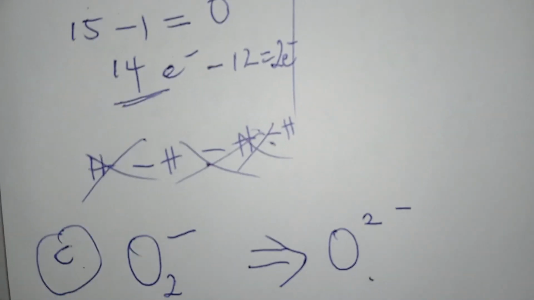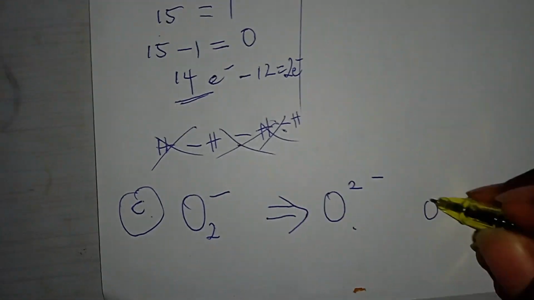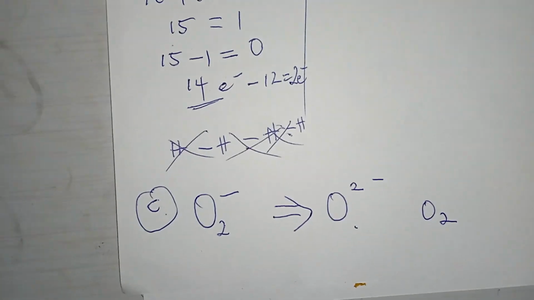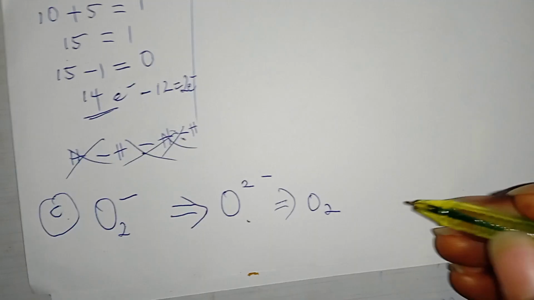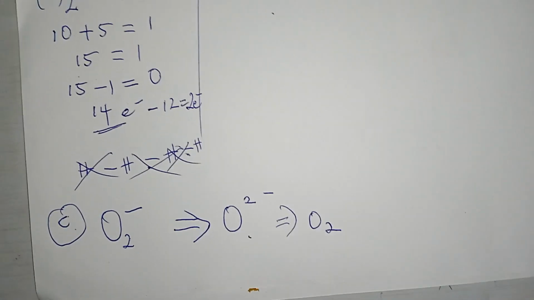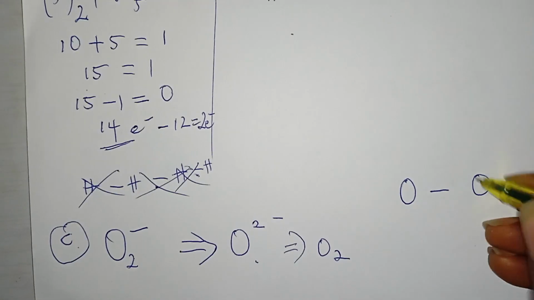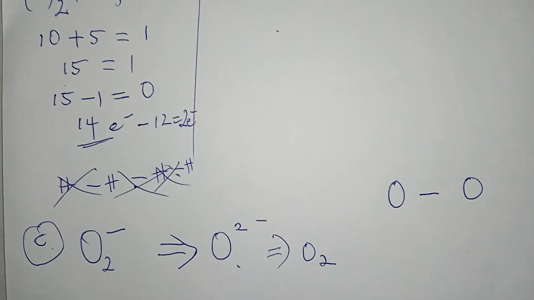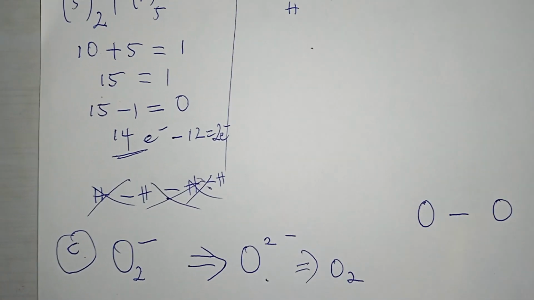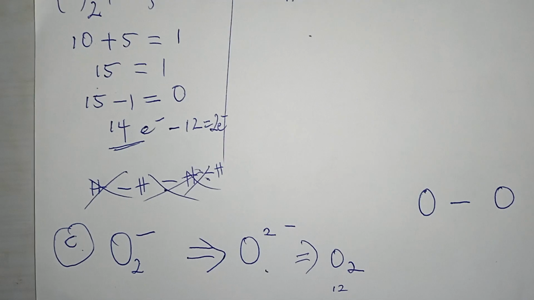So assuming the question asks you to find O2, that's where you have issues. Because to find O2 is simply saying oxygen is 6. This is the same as O and O, and oxygen is 6 and 6. So this is the same thing as 12.